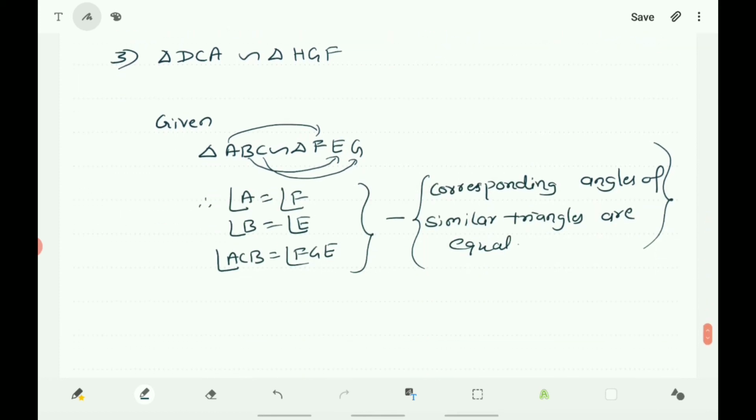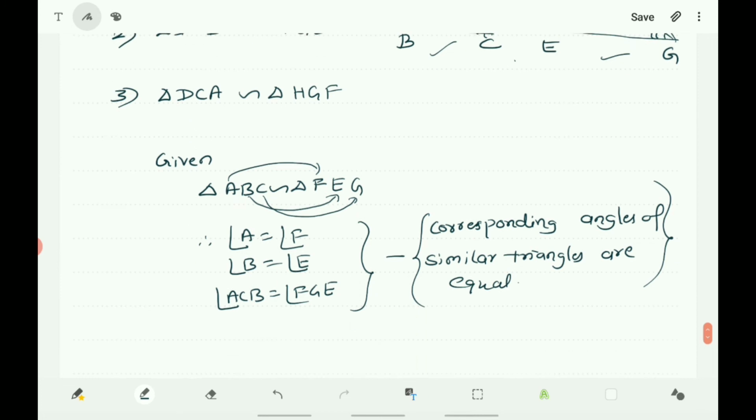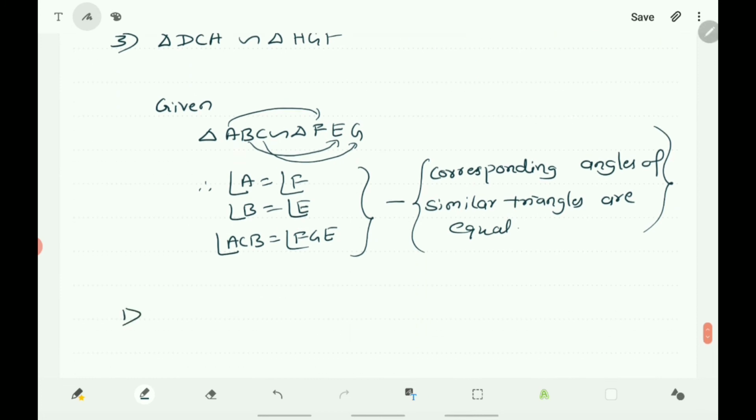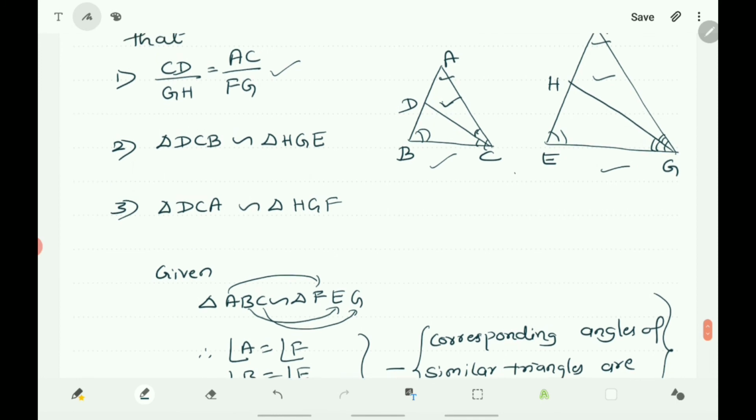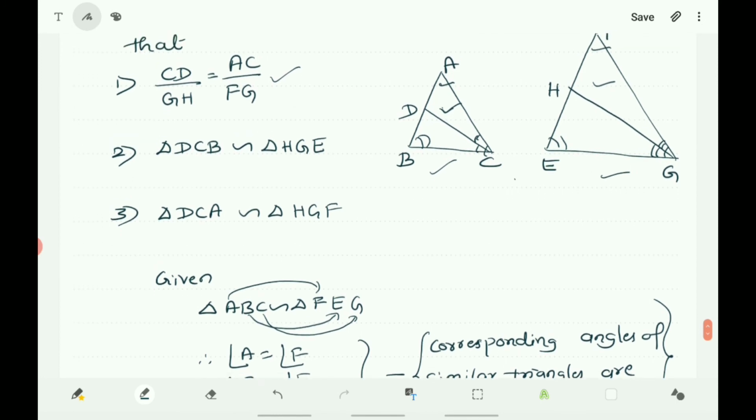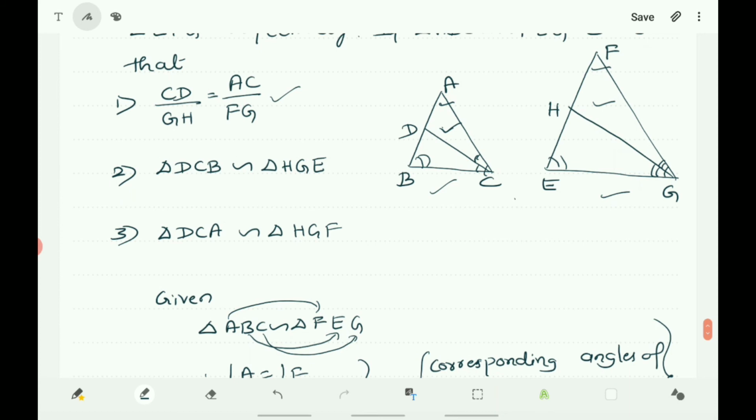To prove the first one, you take triangle ACD and also FGH. You know that CD is a bisector of angle ACB and HG is a bisector of angle FGE, but angle ACB and angle FGE are equal, which means the halves of equals are also equal.